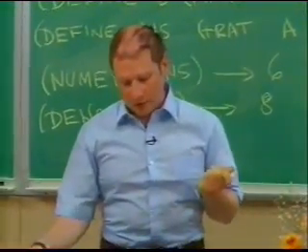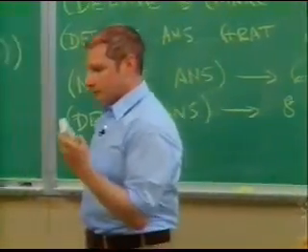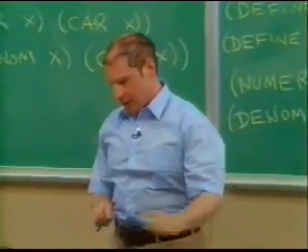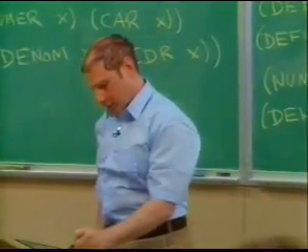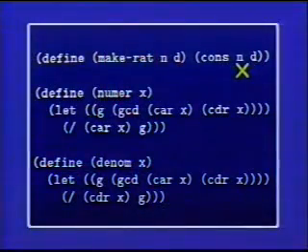Another way to do that is shown over here. I can have an alternative representation for rational numbers where when you make a rational number, you just cons them. However, when you go to select out the numerator, at that point, you compute the GCD of the stuff sitting in that pair and divide out by the GCD.